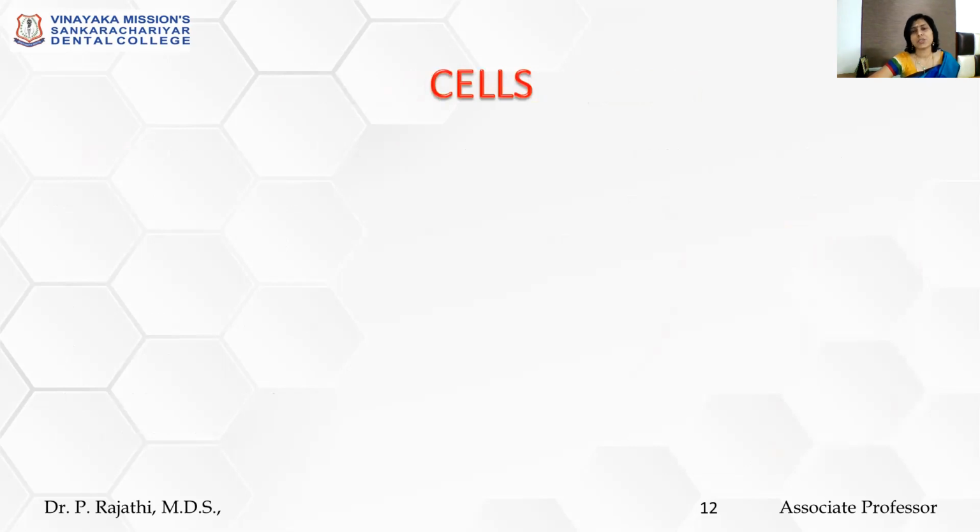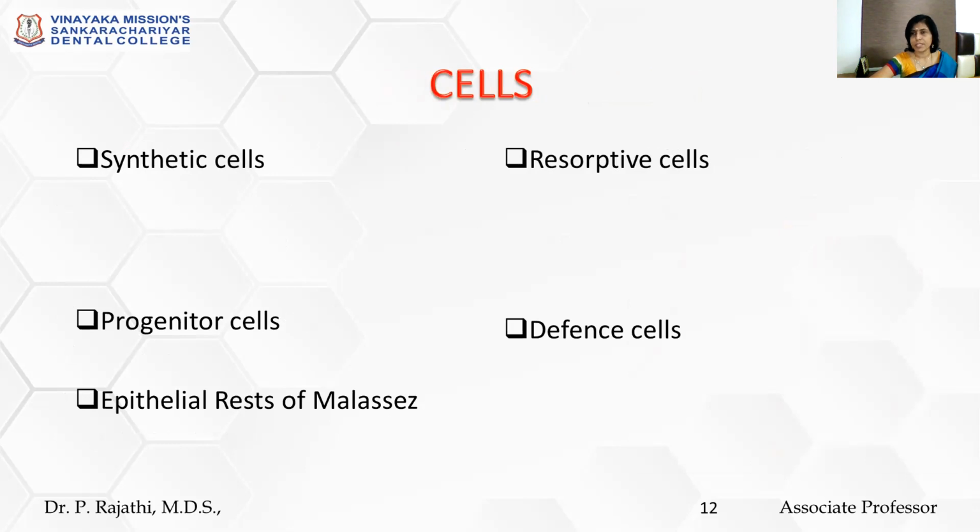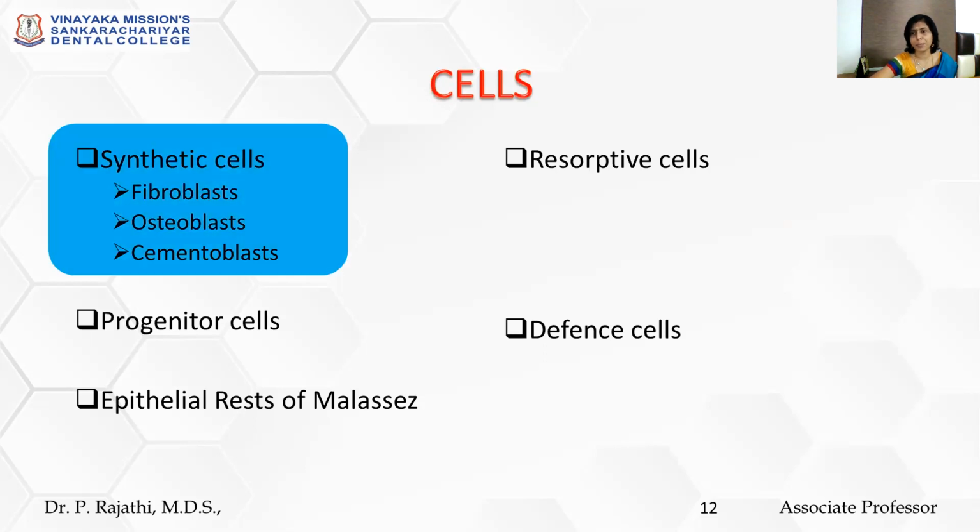Coming to cells of the periodontal ligament. What are the cells that you see in the periodontal ligament? Synthetic cells, resorptive cells, progenitor cells, epithelial rest of Malassez, defense cells. All these cells will be seen within the periodontal ligament. Coming to synthetic cells, we see three types: fibroblast, osteoblast, cementoblast.